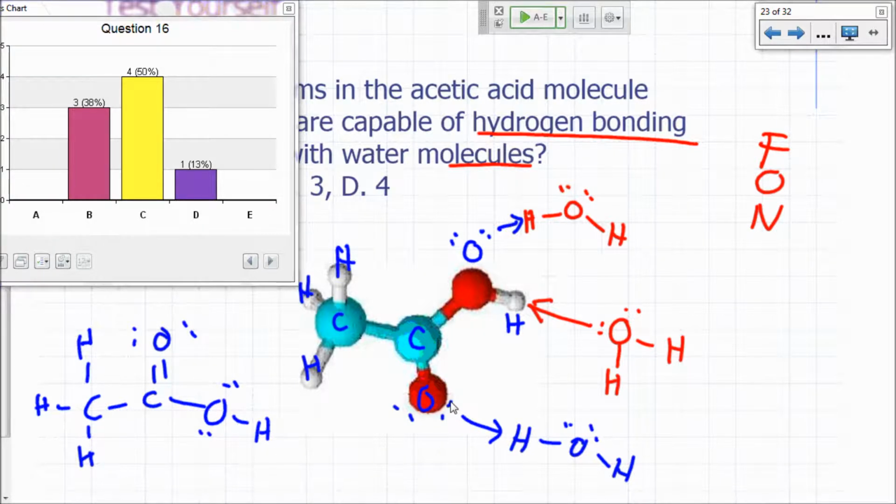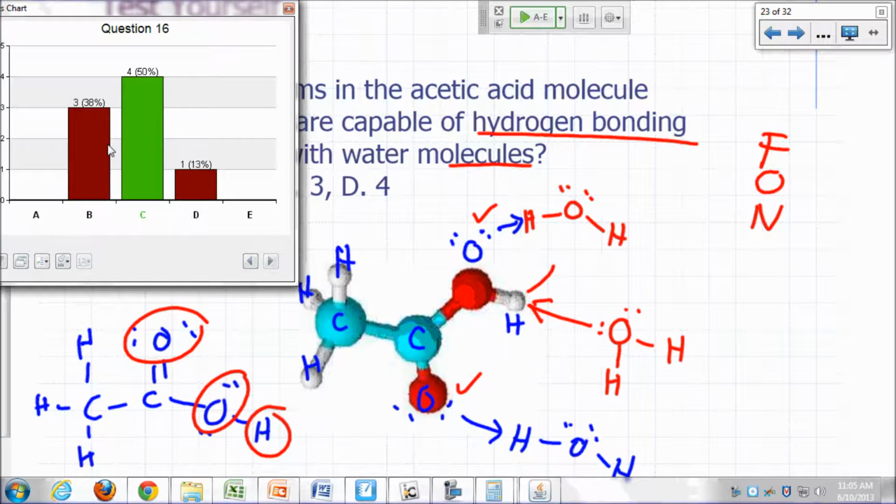So this is capable of hydrogen bonding, this is capable of hydrogen bonding, this is capable of hydrogen bonding. 1, 2, 3. Which one? This one? Yeah. Oh, I just drew it differently. Let me redraw it. The answer was 3, right?